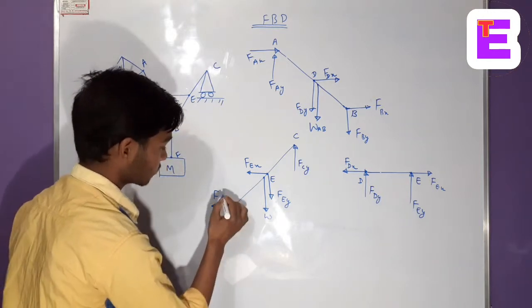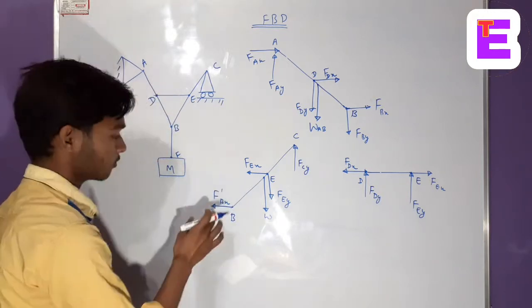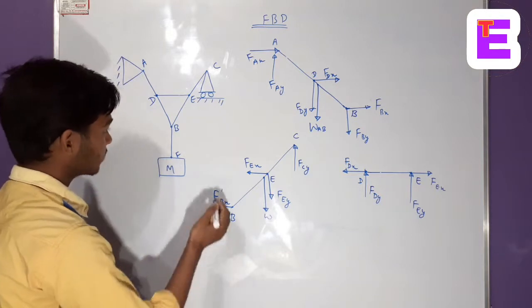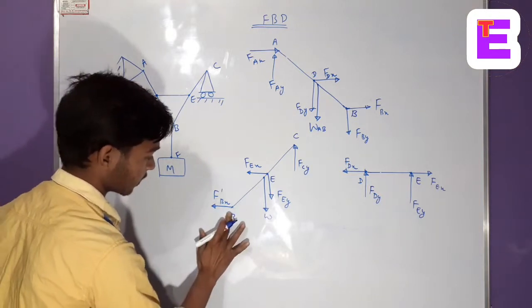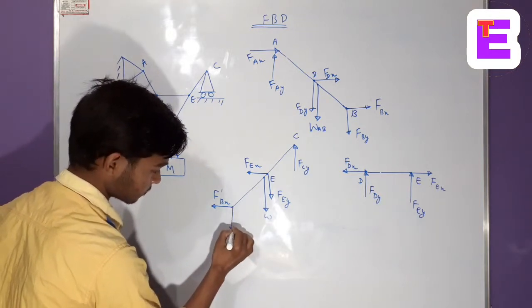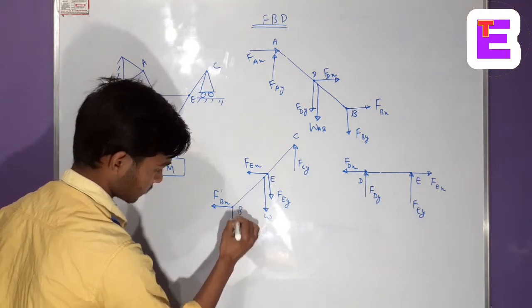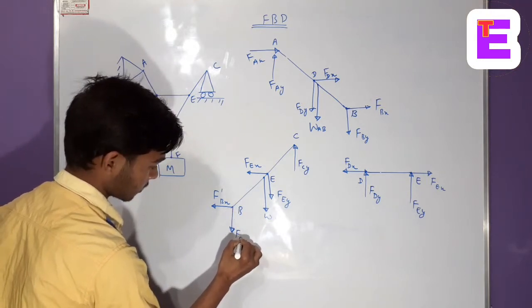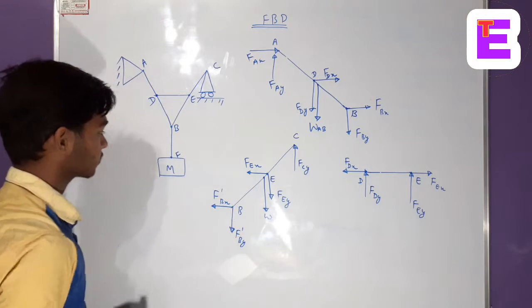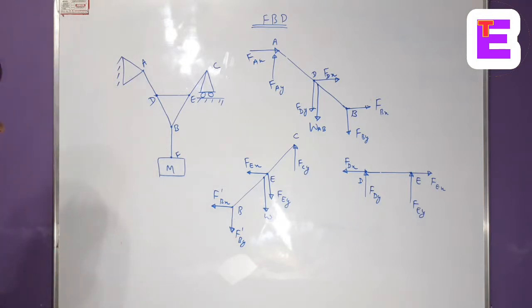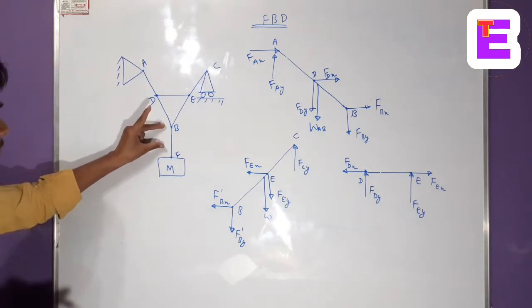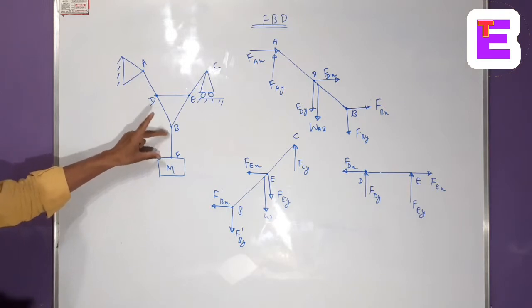So that's why we have taken here Bx dash. Similarly for in the downward direction, say F By dash, okay.